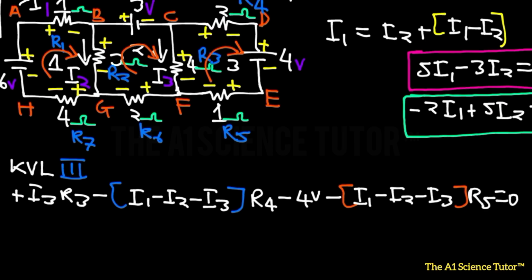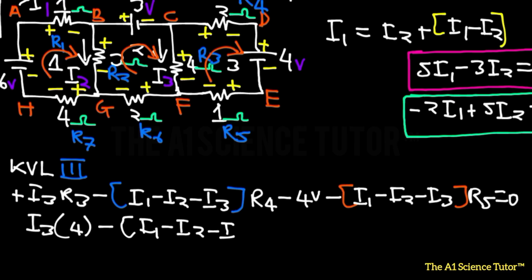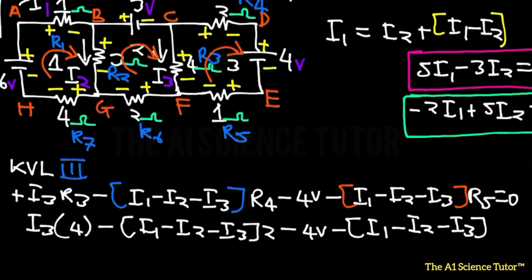Now R3 is 4, so that will be I3 multiplied by 4. We're going to have I1 minus I2 minus I3 here. Now R4, what is that going to be? That's 2 ohms, minus 4 volts. Here we have I1 minus I2 minus I3, multiplied by a typical 1.